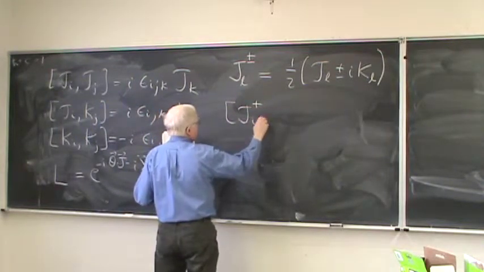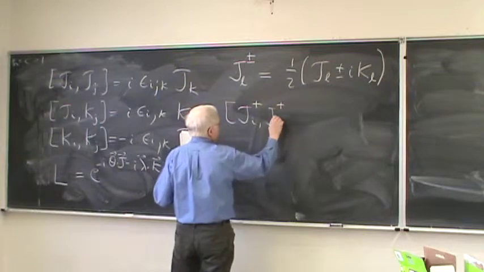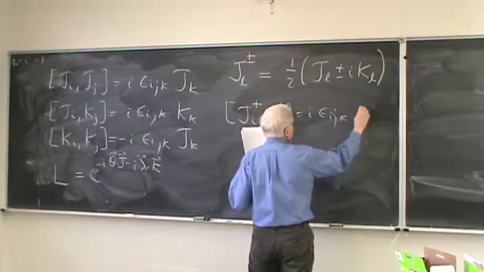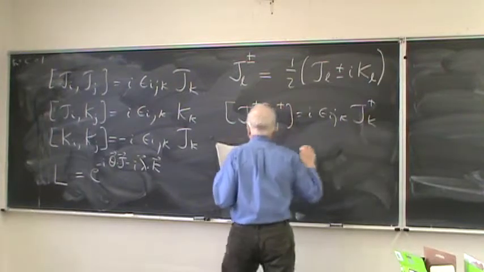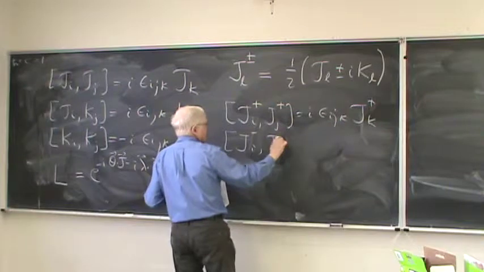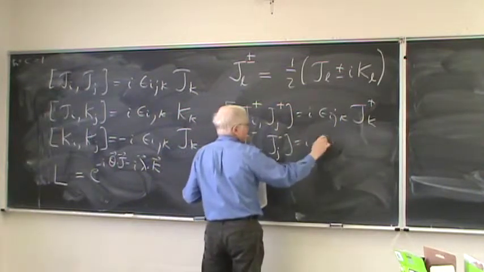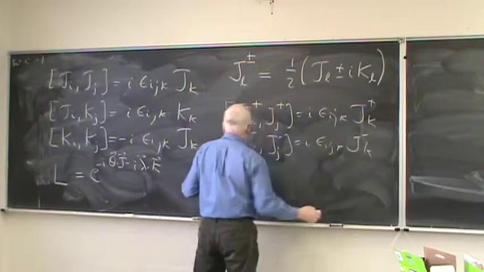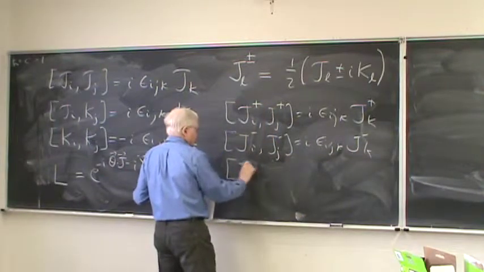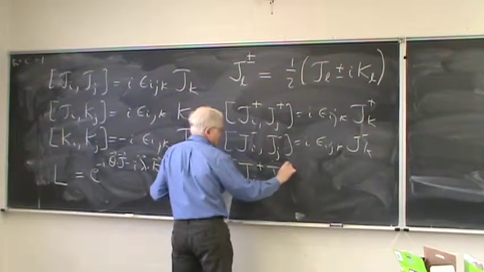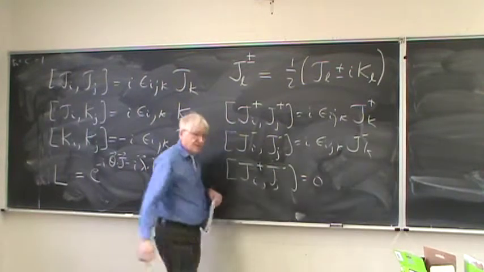[J+_i, J+_j] = i epsilon_ijk J+_k, [J-_i, J-_j] = i epsilon_ijk J-_k, and best of all, [J+_i, J-_j] = 0.